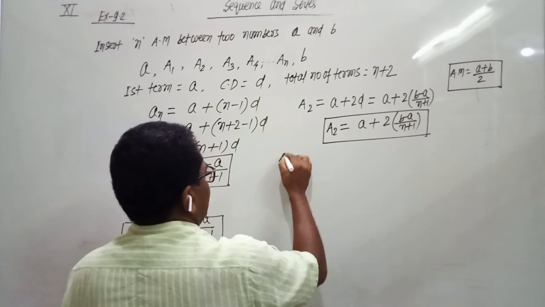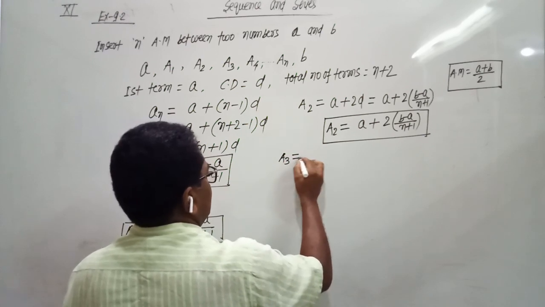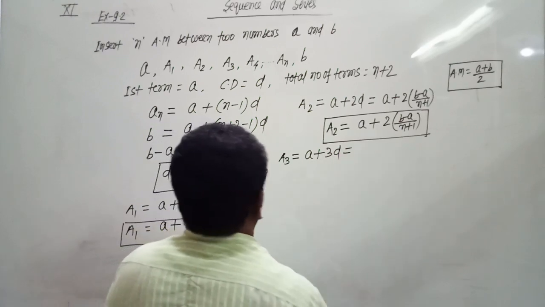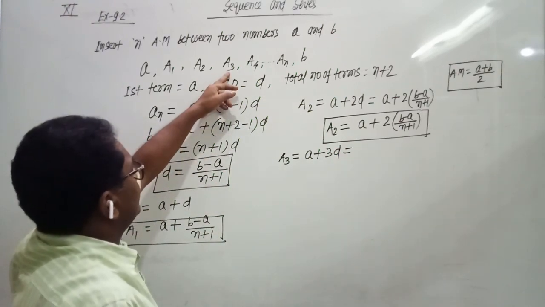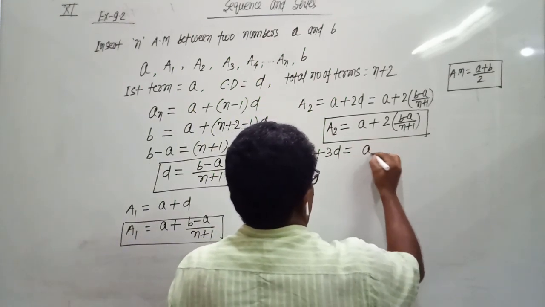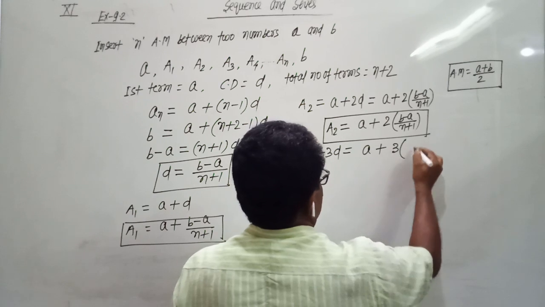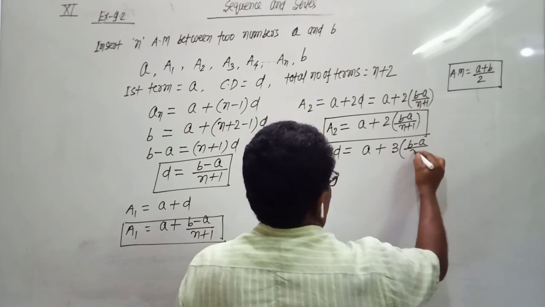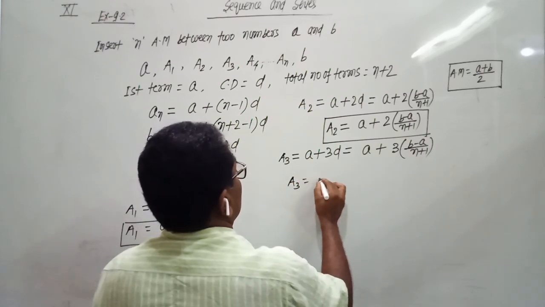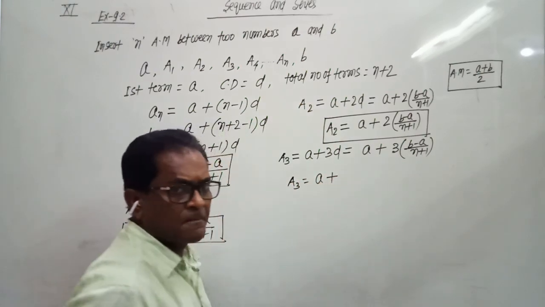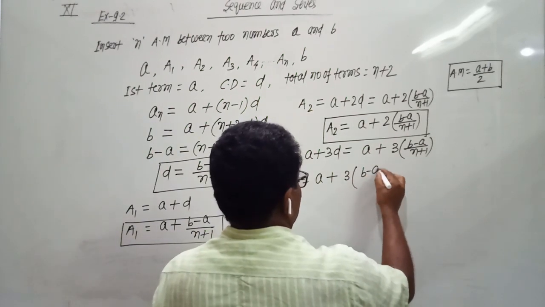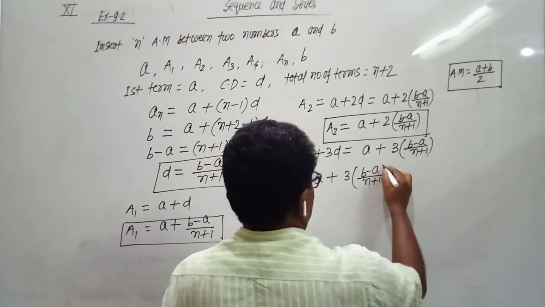Similarly, the third arithmetic mean, A3, is given by A plus 3D, with A as it is and D equal to (B minus A) upon (n plus 1). So A3 equals A plus 3 into (B minus A) upon (n plus 1).